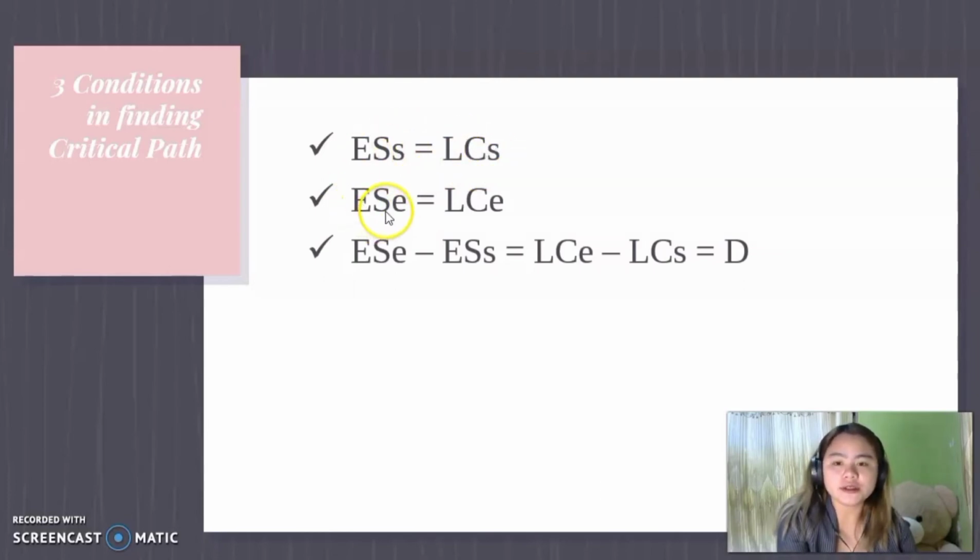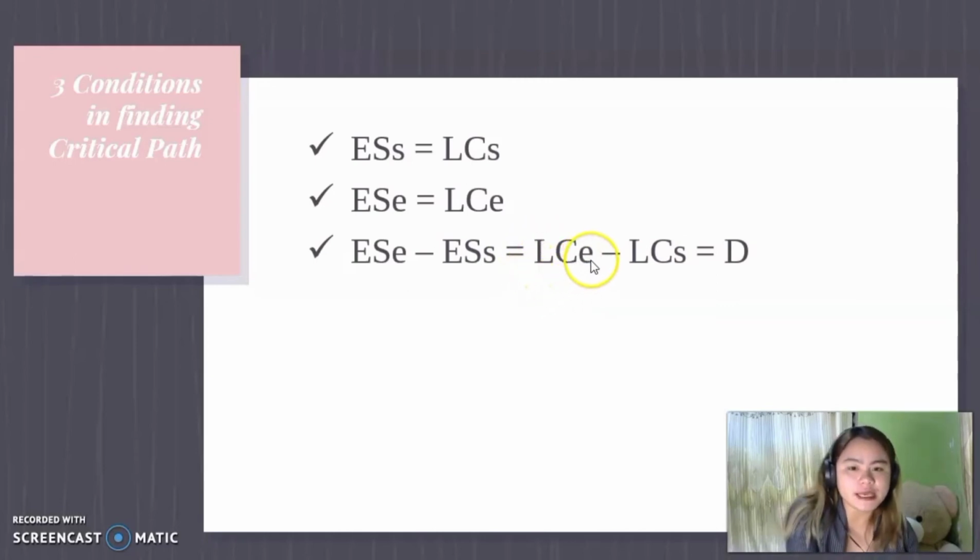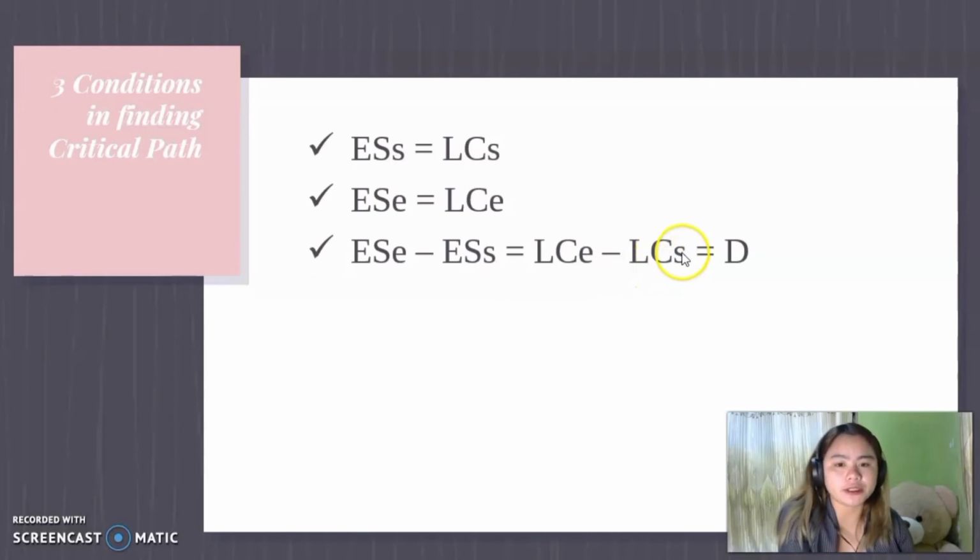The earliest start time of the ending activity is equal to the latest completion of our ending activity. And lastly, the earliest start time of our ending activity minus the earliest start time of our starting activity is equal to the duration. In the same way, the latest completion of our ending activity minus the latest completion of our starting activity is equal to the duration.